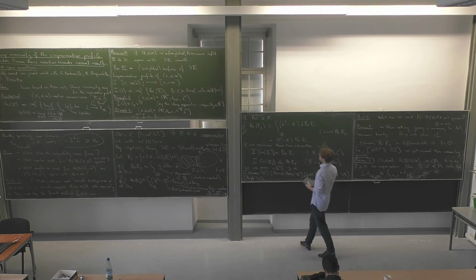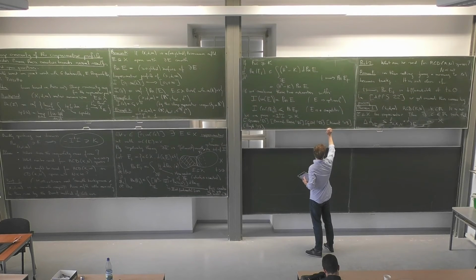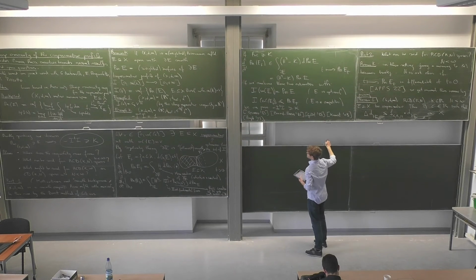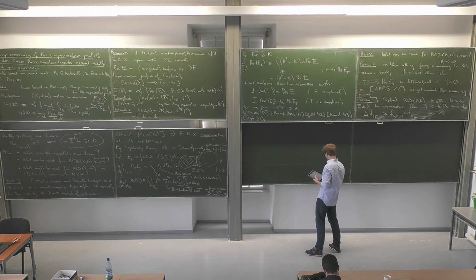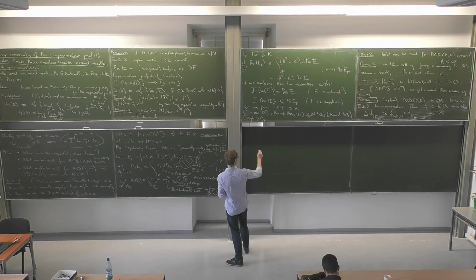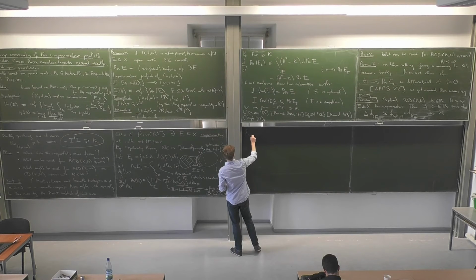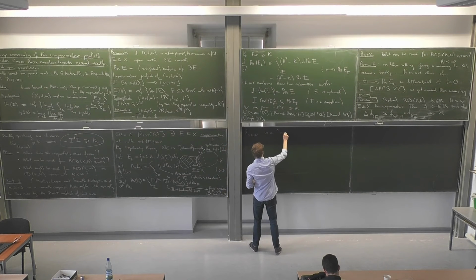Okay, so a few comments on the statement. So f of C, K, N is a comparison function.